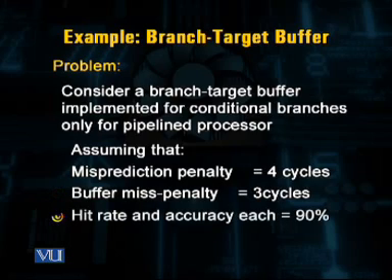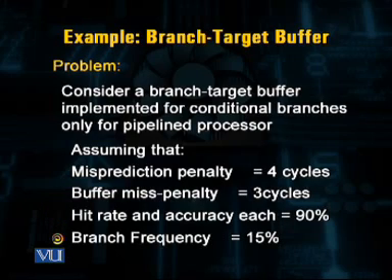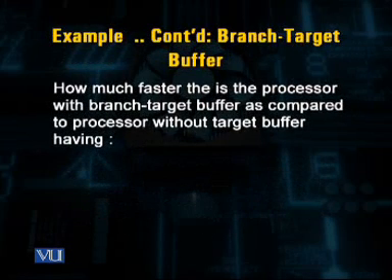We assume the hit rate and accuracy both individually equal to 90%, and the branch frequency is equal to 15%. This means that in a program, the branch frequency is 15%. So for this example, we have to see how much faster is the processor with branch target buffer as compared to processor without target buffer.